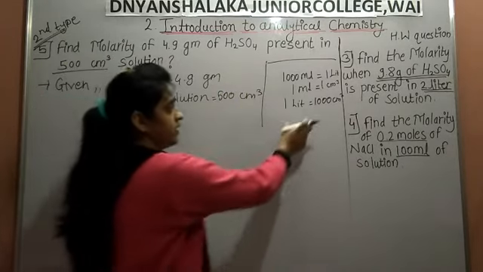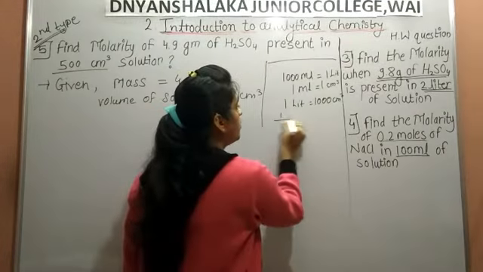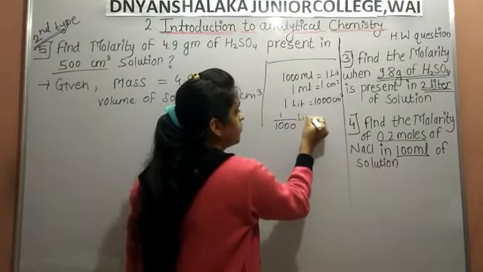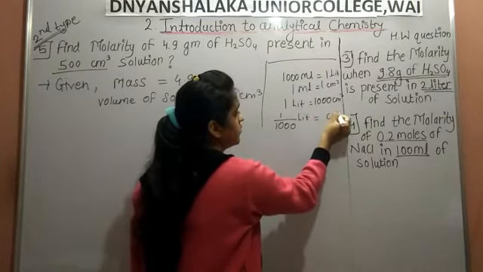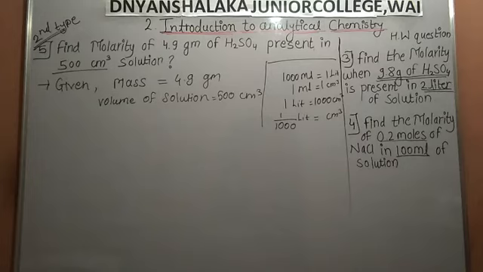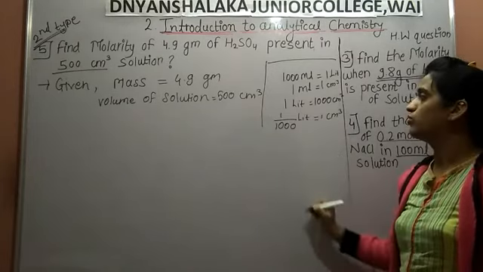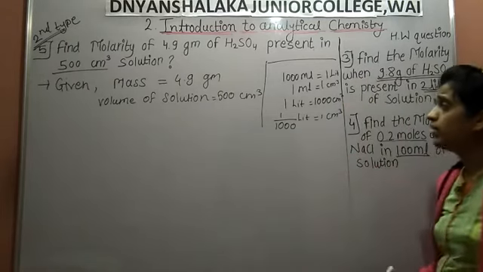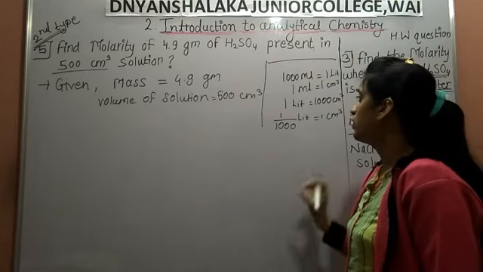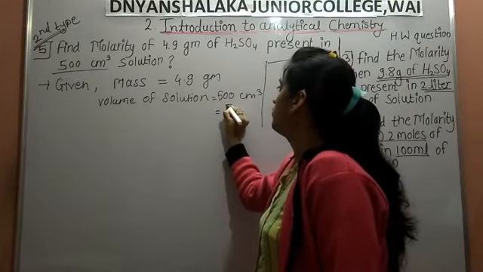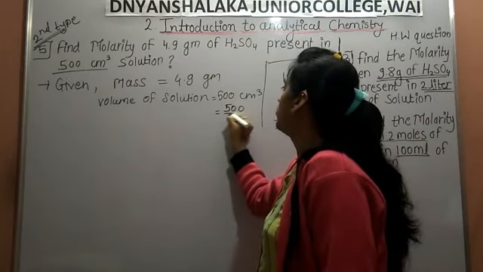Using this relationship, 1 upon 1000 liter, we find the cm³ value, which is 1 cm³. But in this question we are given 500 cm³, so convert this value into liter. So 500 upon 1000.